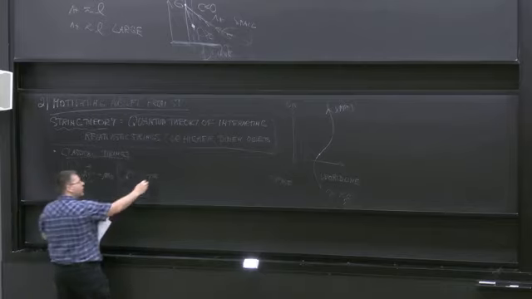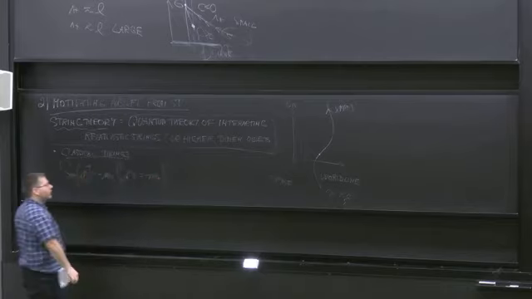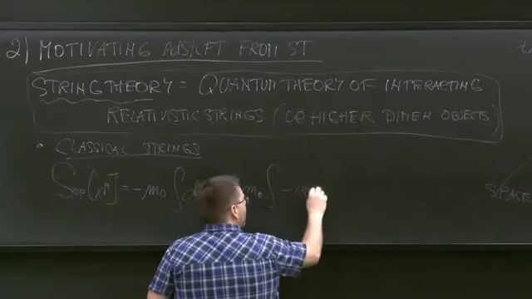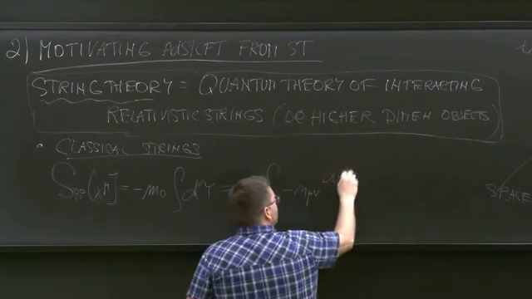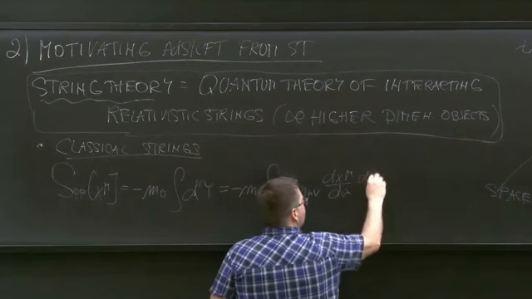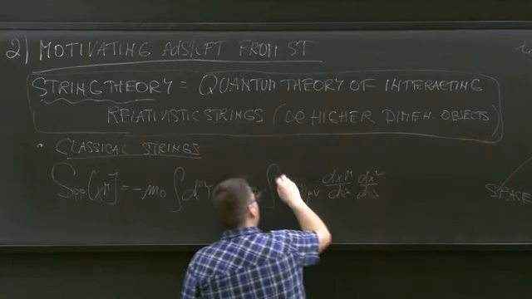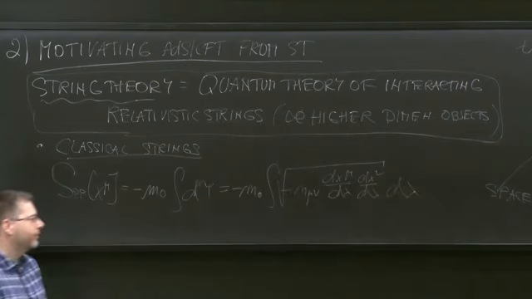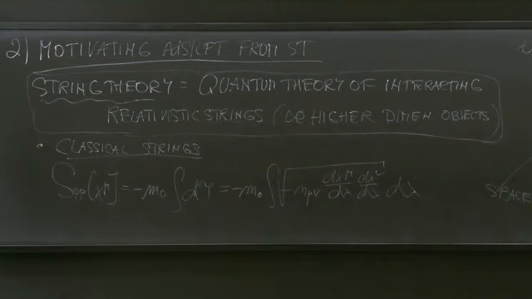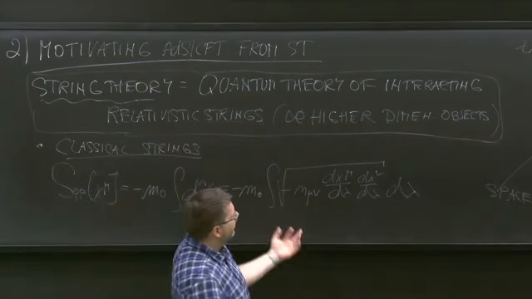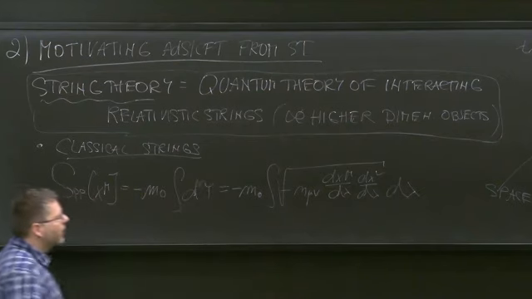Then it's an integral of minus m0 and then square root of minus eta mu nu dx mu d lambda dx nu d lambda, d lambda. Right? You have seen this. And so we are just extremizing this proper time, proper length of that thing, and it's written like that.